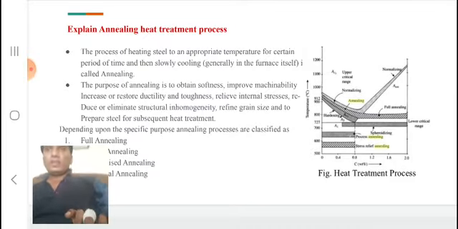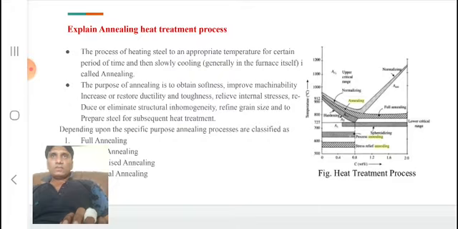The purpose of annealing is to obtain softness, improve machinability, increase or restore ductility and toughness, relieve internal stresses, reduce or eliminate structural inhomogeneity, refine grain size, and prepare steel for subsequent heat treatment. These are the purposes of annealing.